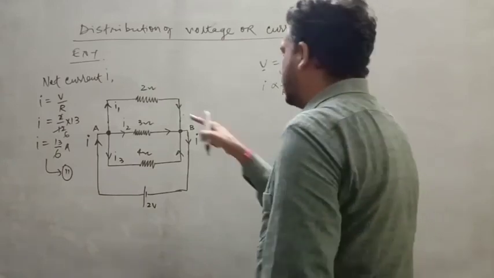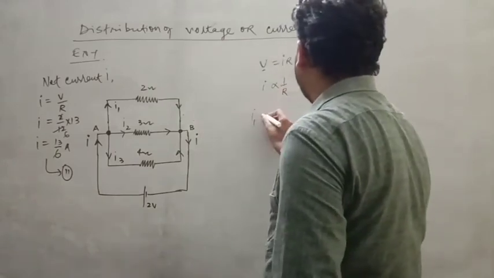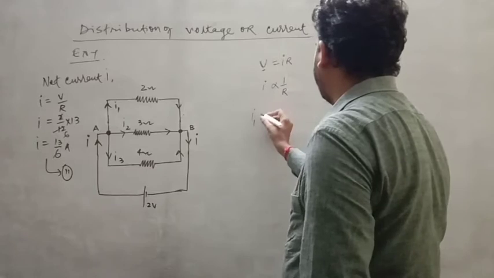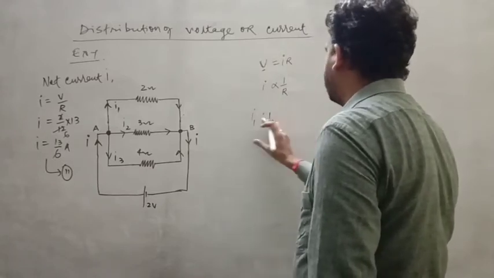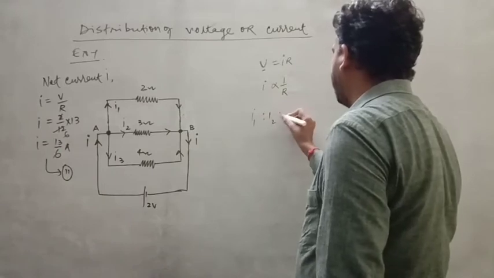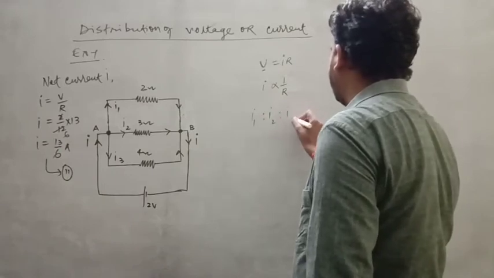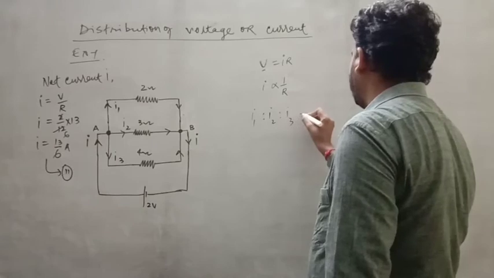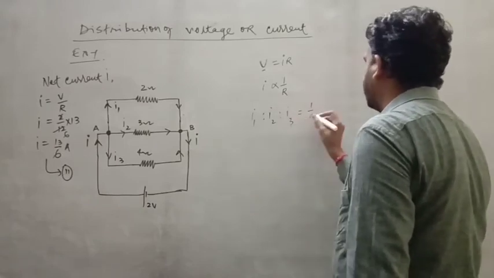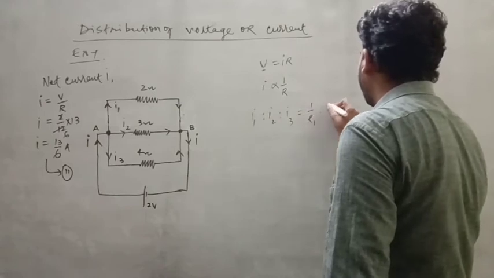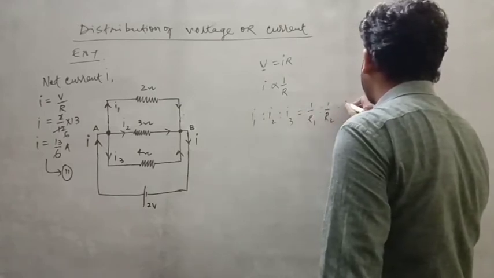Now I1 is to I2 is to I3 is inversely proportional, so it is 1 by R1 is to 1 by R2 is to 1 by R3.